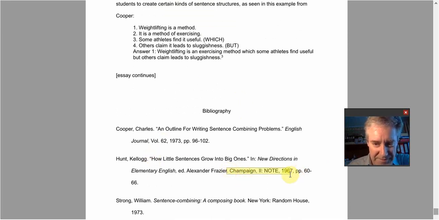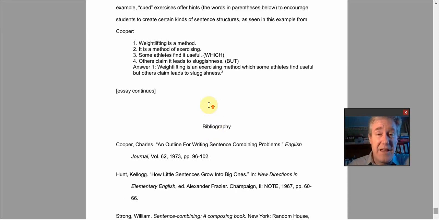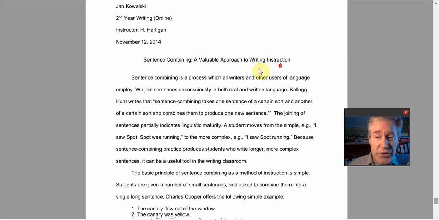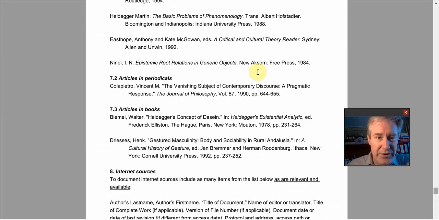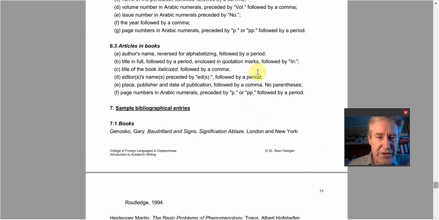it's not. So again, my advice to you is, when you're working on your bibliography for your essays, figure out first what kind of source you have, then go to Module 2 and look at the samples. First, for the footnotes, and then for bibliography entries.